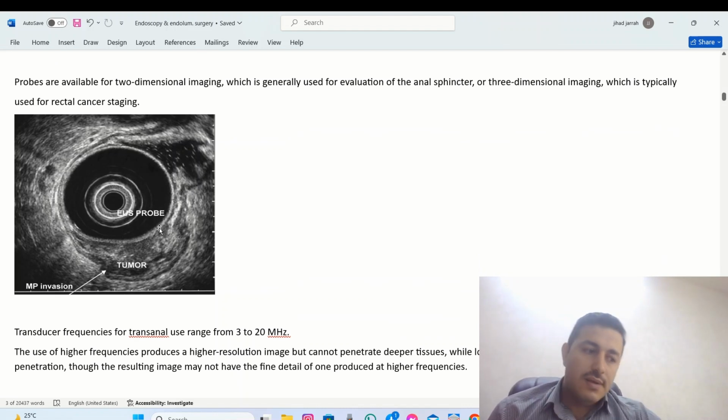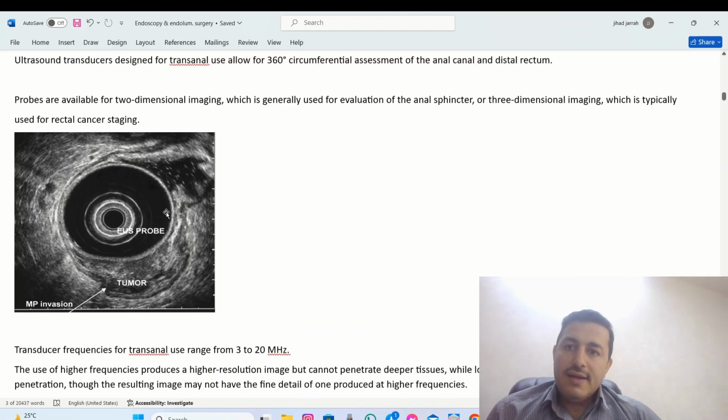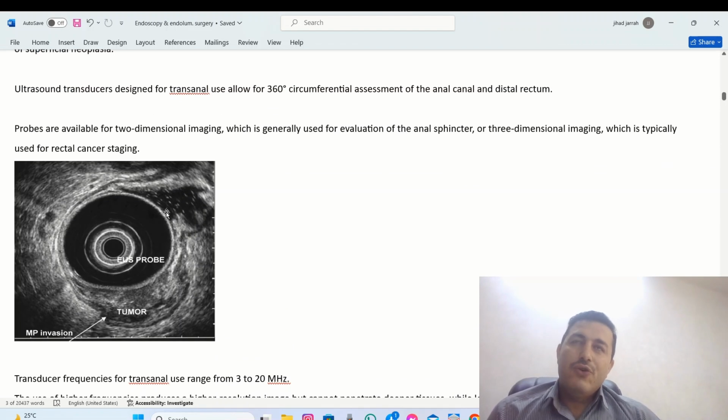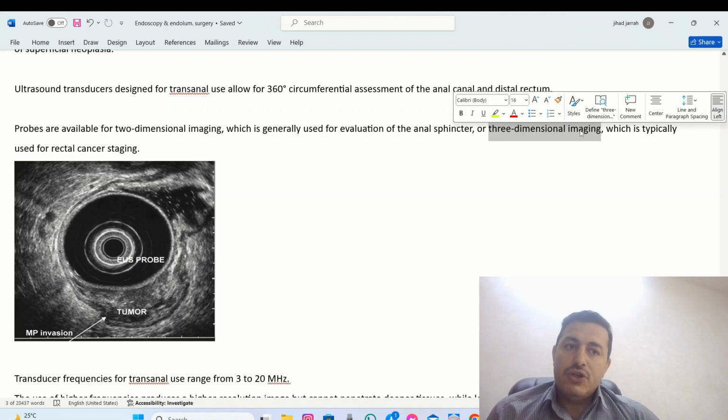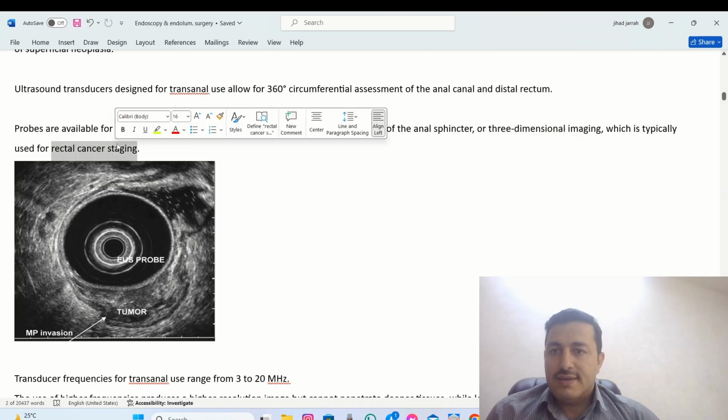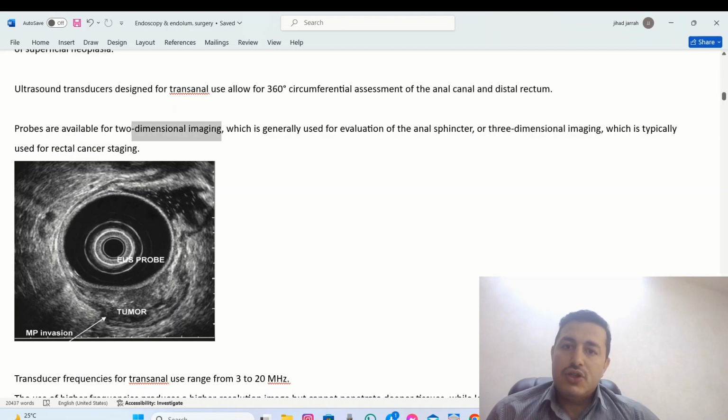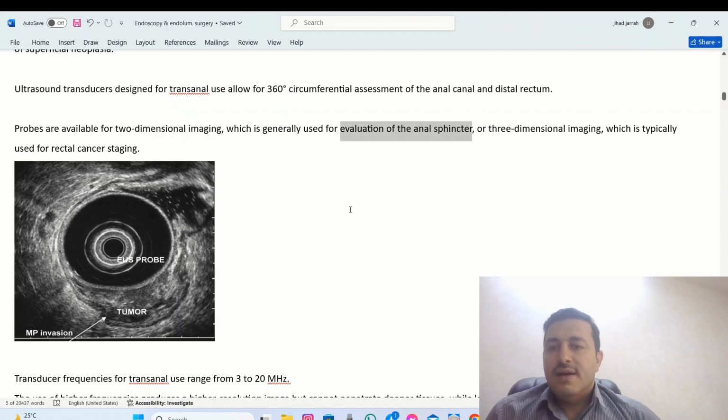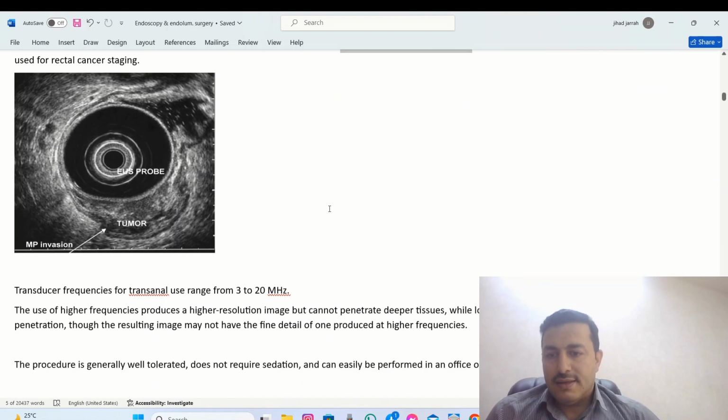We can use 2D imaging for anal ultrasound, and for rectal cancer staging it's preferable to use 3D imaging, and 2D imaging for assessing the anal sphincter in endoanal ultrasound.